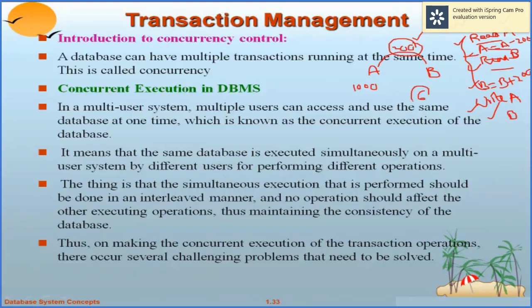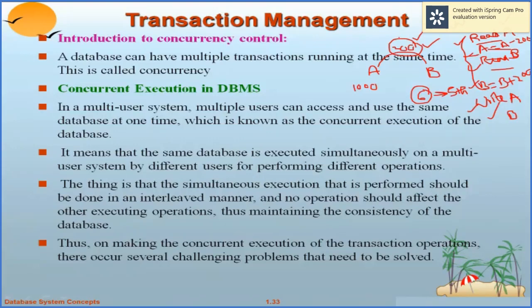If in the file system even one of those steps fails, assume my fifth step has failed, I don't have any viability of transferring my 200 back. So there's a chance of inconsistency. You may have no idea where this 200 has gone. It has neither been credited back to A nor credited to B. The 200 is somewhere you don't know. So this leads to inconsistency.